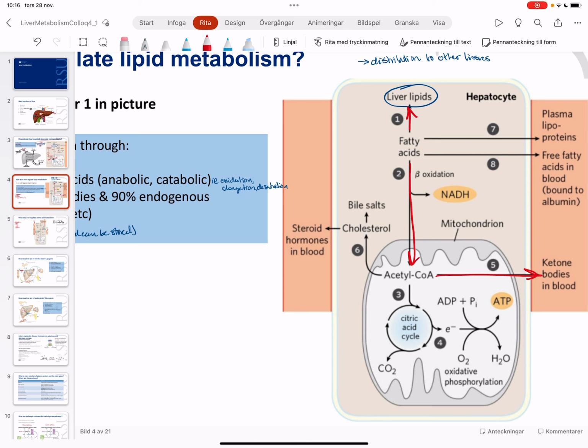Also here, the plasma lipoproteins will be produced in case you have insulin, and the free fatty acids in the blood will appear in case of glucagon, or in case of T3, T4 thyroid hormones.